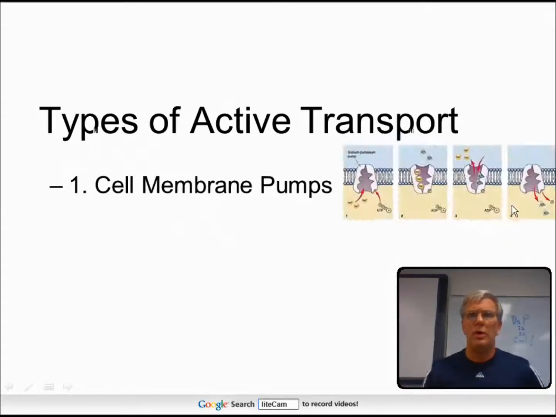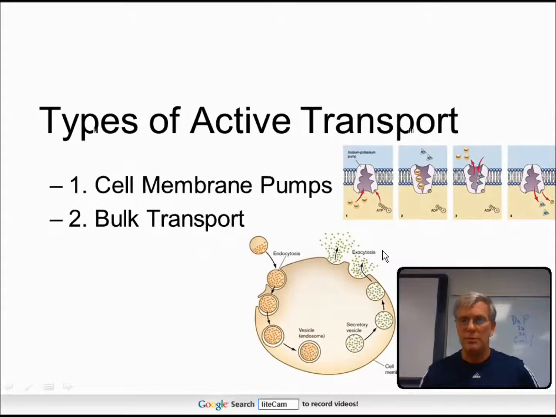Active transport can be in the form of cell membrane pumps. These are actual protein molecules within the phospholipid bilayer that will pump molecules in a certain direction, as we'll see. And then what's known as bulk transport.